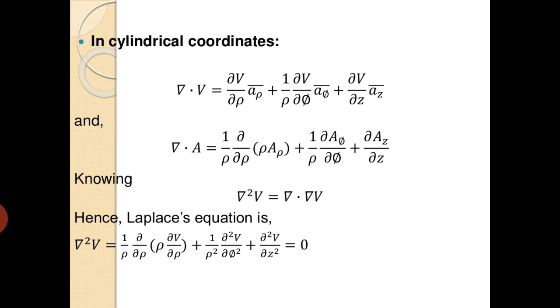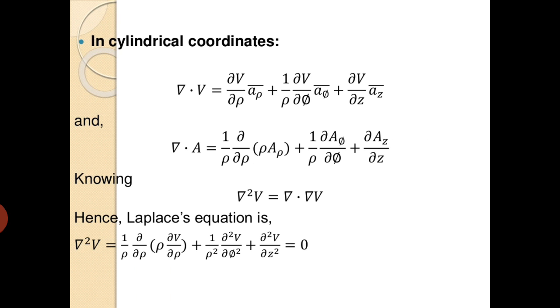This is the equation for potential, right? And for the divergence of a vector field, del dot A, we have 1 by rho dou by dou rho of rho a rho, plus 1 by rho dou a phi by dou phi, plus dou az by dou z. This is the equation whenever we use the vector field.